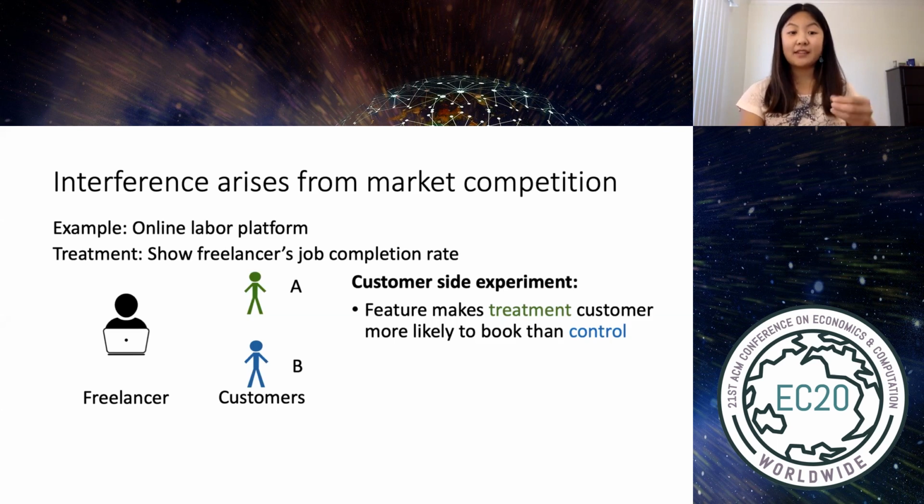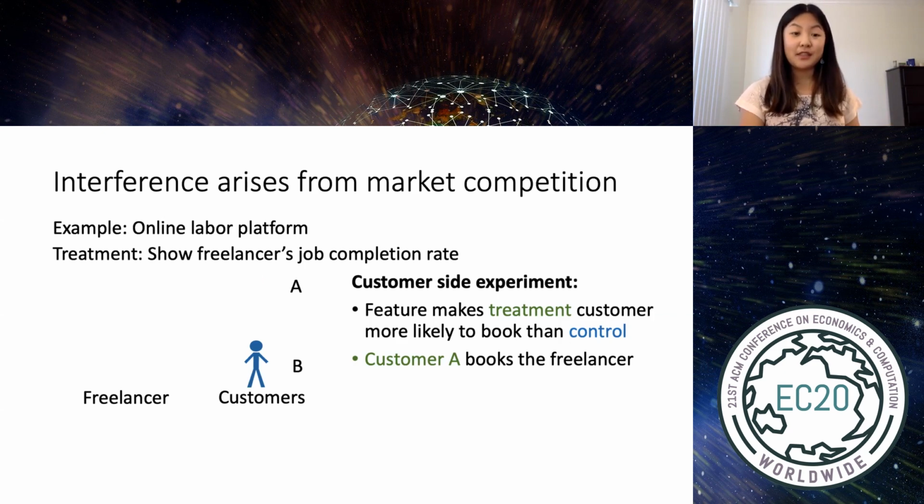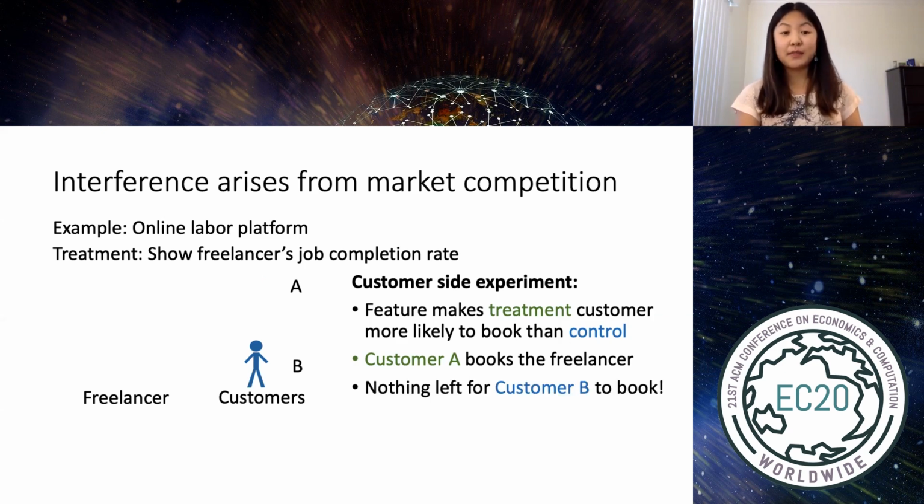They randomize the customers into treatment and control. And for the sake of this example, let's say that this treatment makes a customer more likely to book than they would have otherwise if they were a control customer. So then customer A gets this treatment, likes the freelancer, and they book them. That means temporarily this freelancer is busy. And now customer B is looking at this marketplace and there's nothing left for them to book.